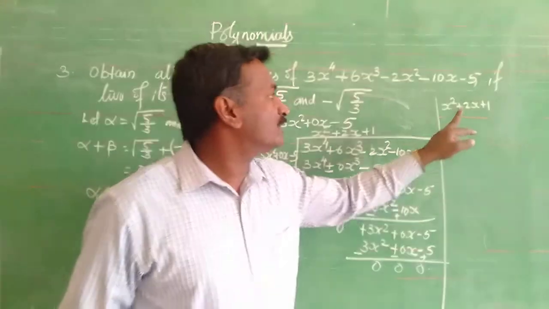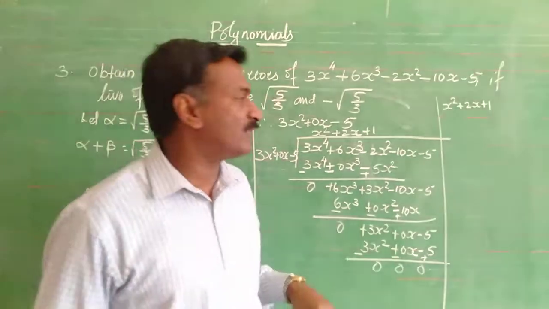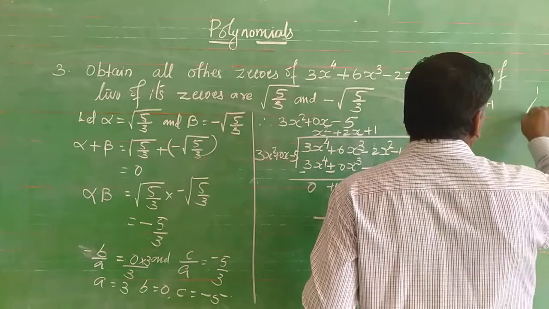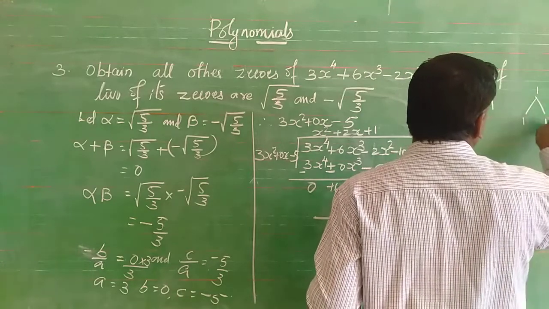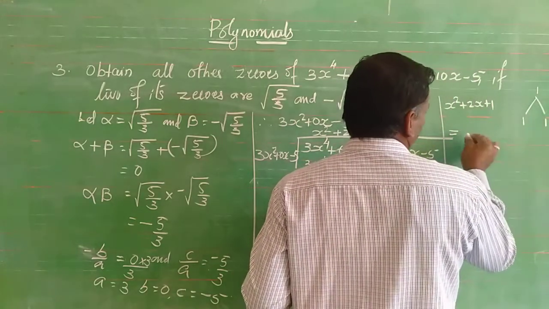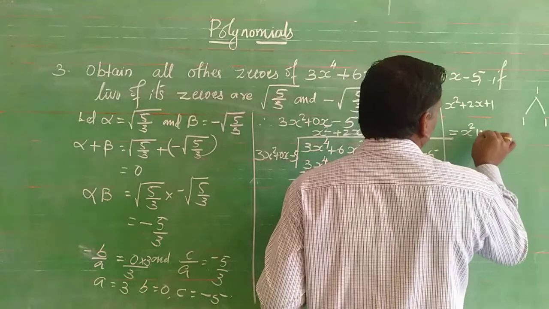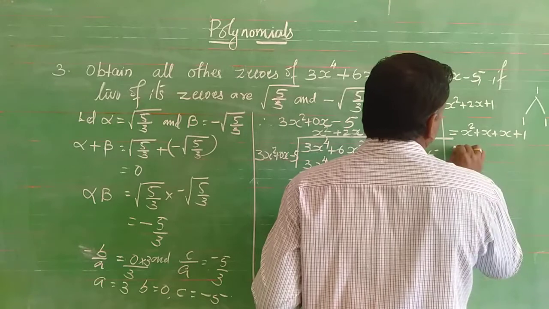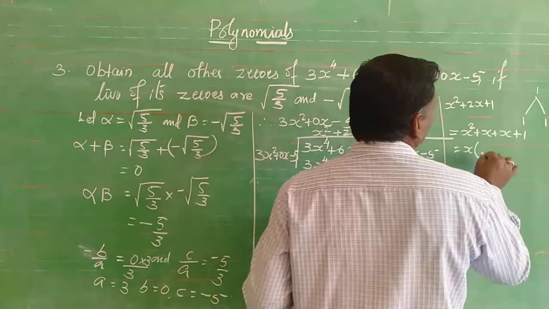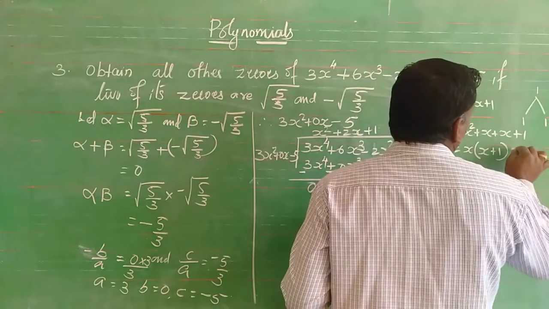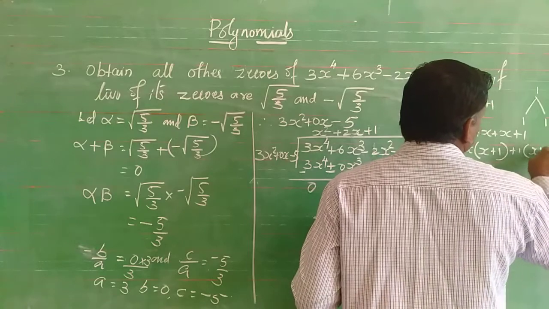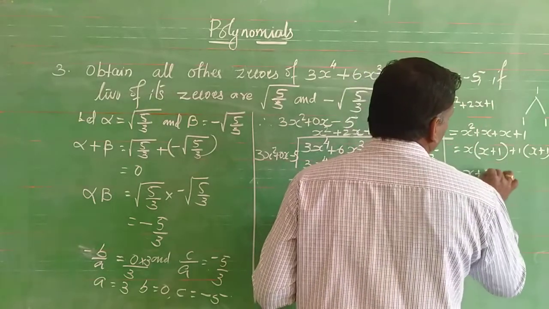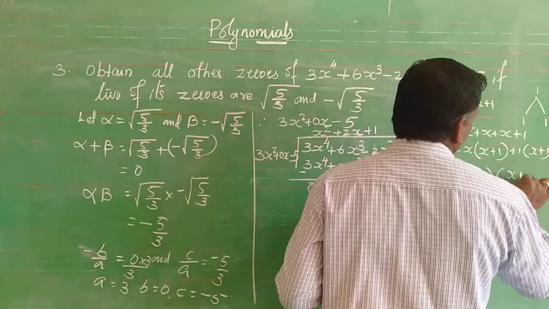We can find the zeros of x squared plus 2x plus 1. The product is 1 and the sum is 2, so 1 and 1, that is x squared plus x plus x plus 1. Taking x common, x into x plus 1 plus 1 into x plus 1, that is equal to x plus 1 into x plus 1.